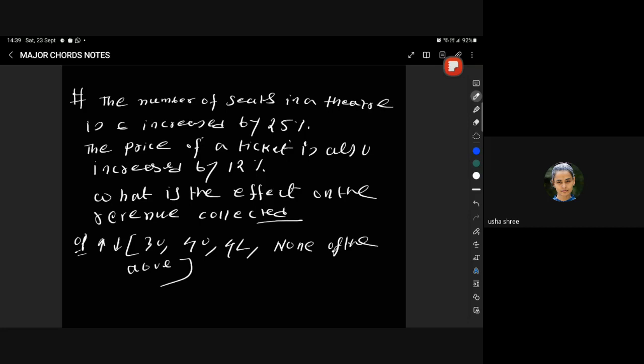You can assume 100. You just assume 100 is the number of seats, and 100 was the price per ticket.